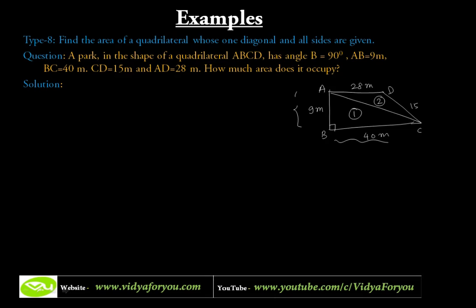Now if we see triangle ABC, it's a right angle triangle, and AC we can find using Pythagoras theorem. So AC square will be equal to AB square plus BC square, which is 9 square plus 40 square.